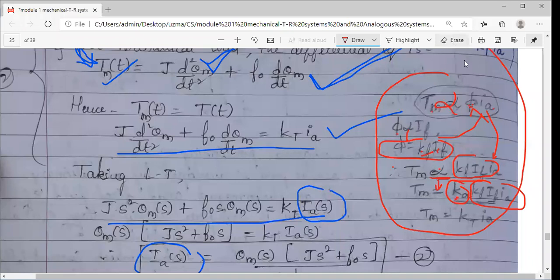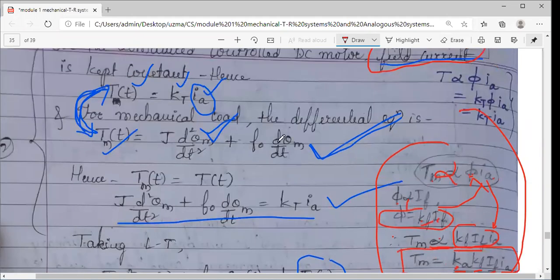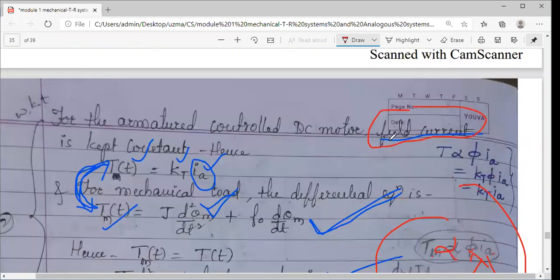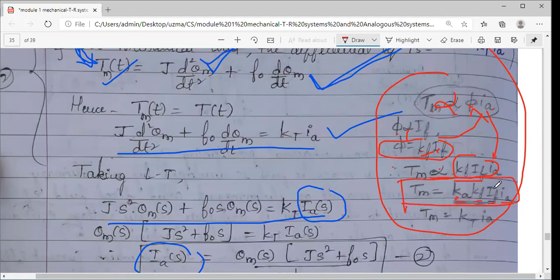Now observe here, out of these many terms, how many terms are there? You have KA, KF, IF, IA. 4 terms are there. This equation is important for us, as changes will happen here. In the case of an armature controlled DC motor, the field current IF is constant.